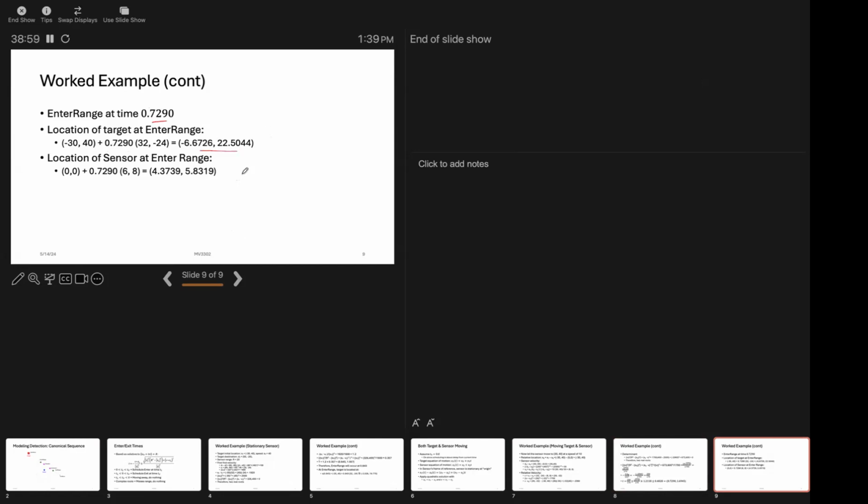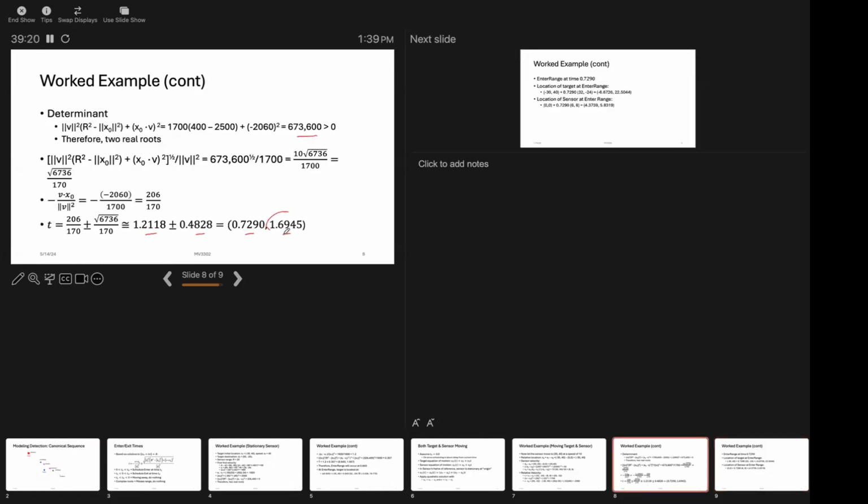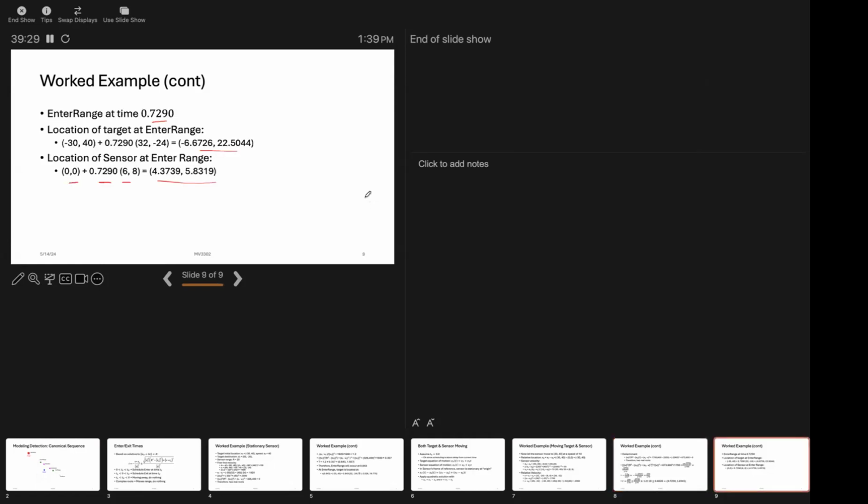That's where it's going to be. And where's the sensor? Again, you plug the time into the sensor's equation of motion, which was the origin plus the time times its velocity, which turns out to be this. So you can identify where they are going to be at the enter range. And if you wanted to, you can also ask where they are at the exit. You can plug that in and find the same thing.